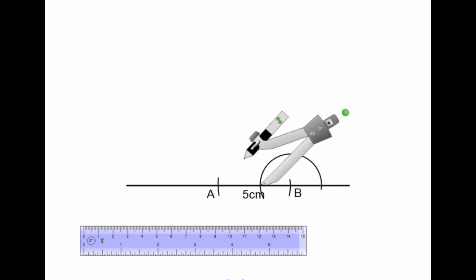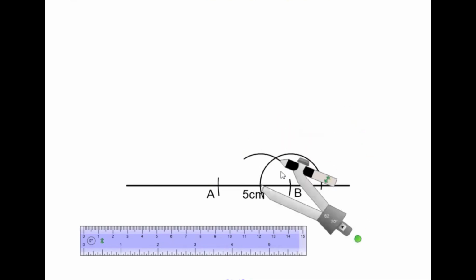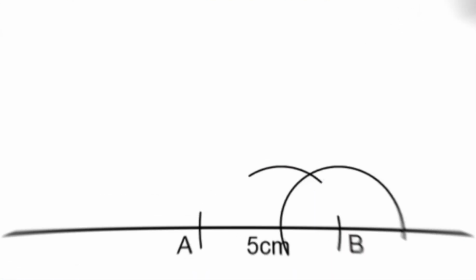So with the same radius, you come to one end, then you cut this. That means from here to this place is 60. If you stand here too as center and draw another arc, that will be another 60. Then that means you have divided this 180 degrees into 60, 60, 60. That means 60 in 3 places. But since it's just 60 that we need, we have constructed that.